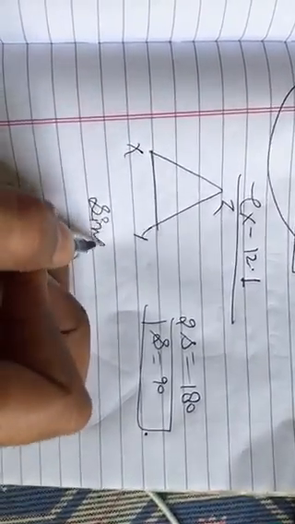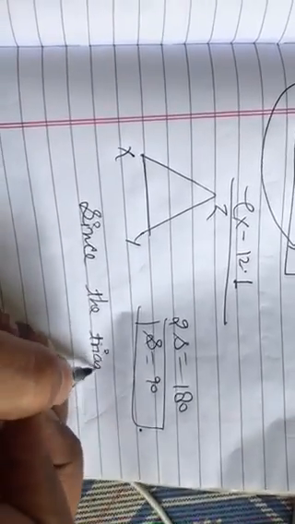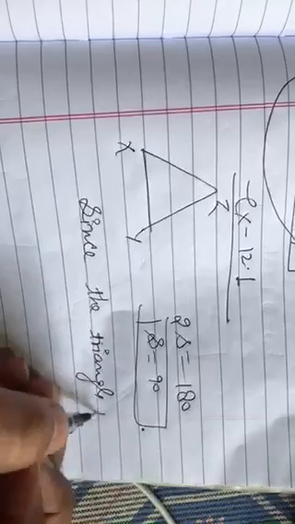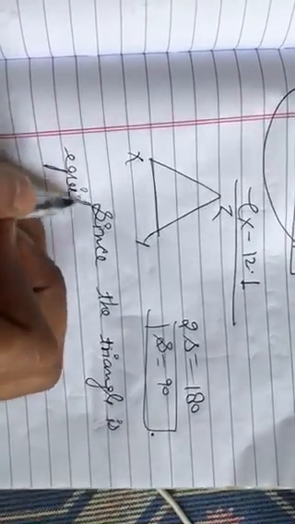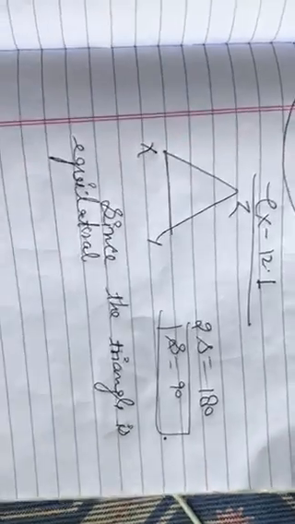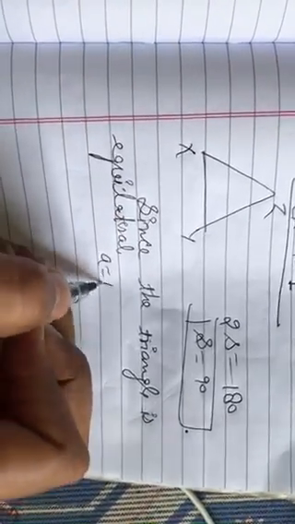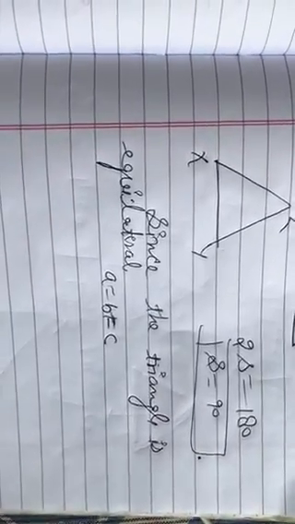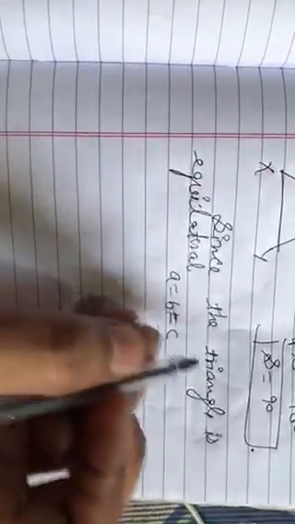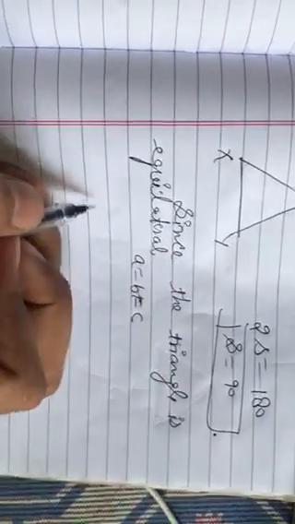Since the triangle is equilateral, it means all the sides A equals B equals C, all sides are equal. If all sides are equal, then we can find S again.